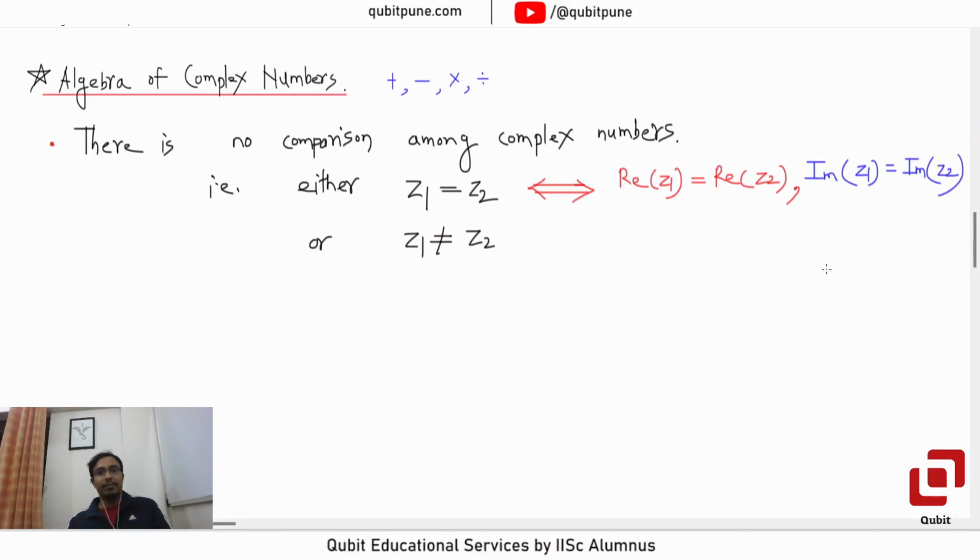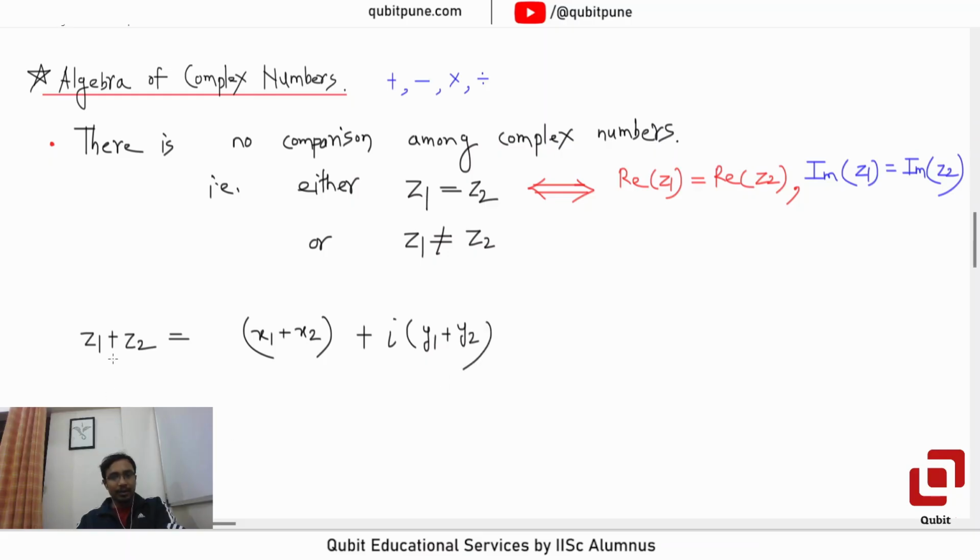There is no comparison among complex numbers. Next, how do we define addition of two complex numbers? Addition of the real parts plus addition of the imaginary parts. How do we define the subtraction? Subtraction of the real parts and subtraction of the imaginary parts.